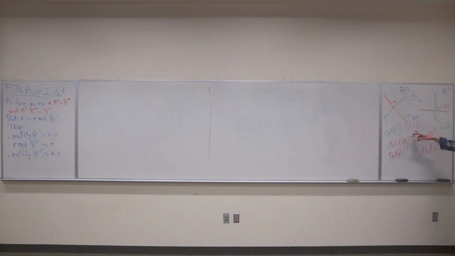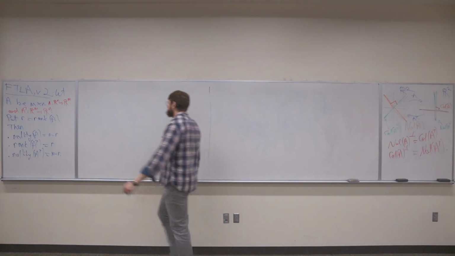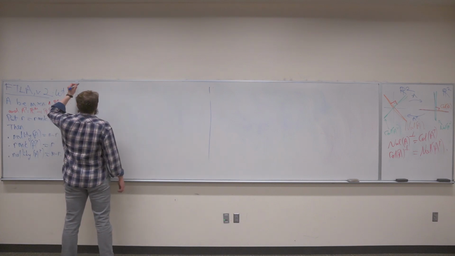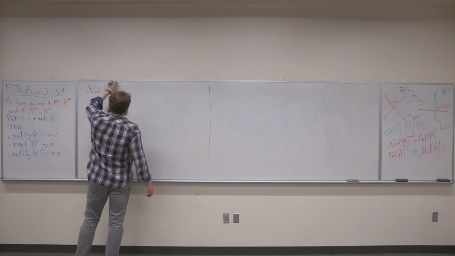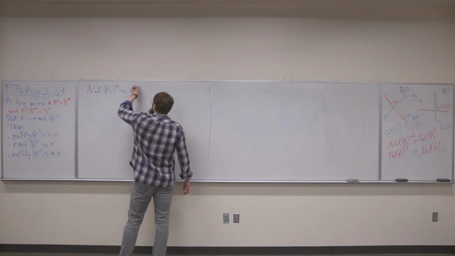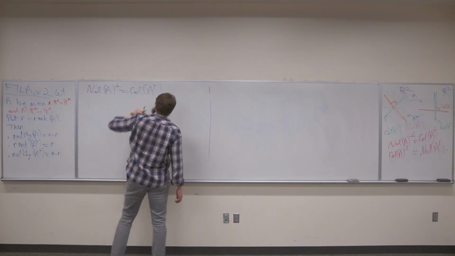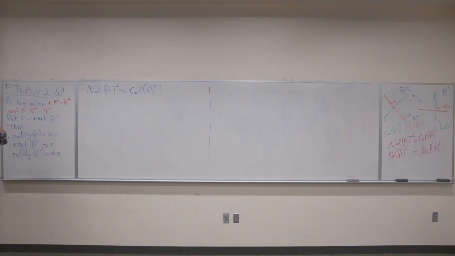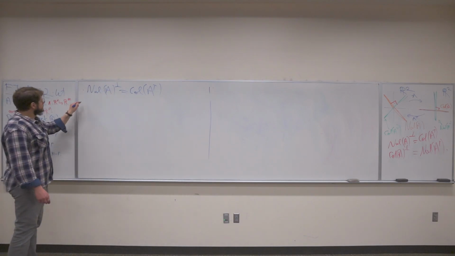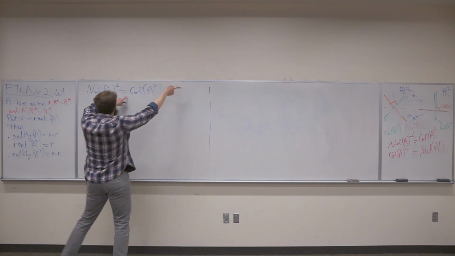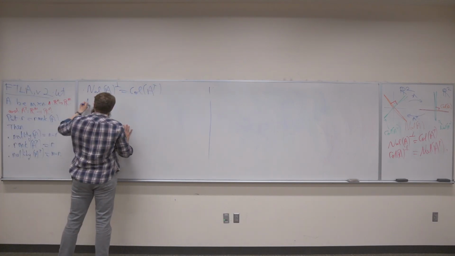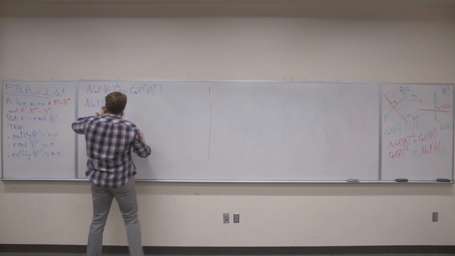I have the null space of A and the column space of A transpose. I want to say these are perps of each other. And of course, if I started with this and take the perp, I'm going to get back this. I'll write it as well. That's also somehow useful.